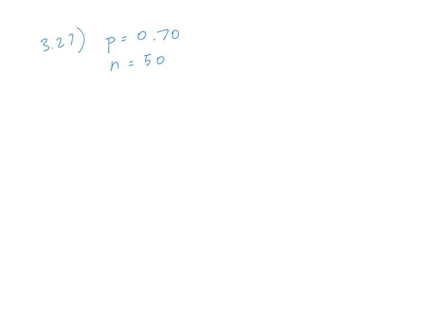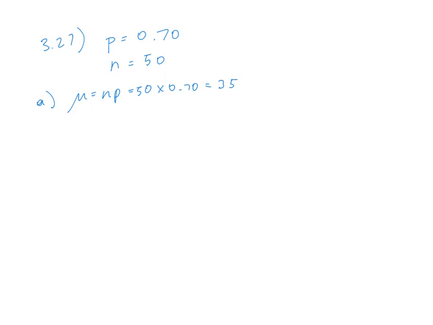Part A is asking, how many people would you expect to have consumed alcoholic beverages, with what standard deviation? In this sample of 50, what is the expected number of people that would have consumed alcoholic beverages? 35, right?